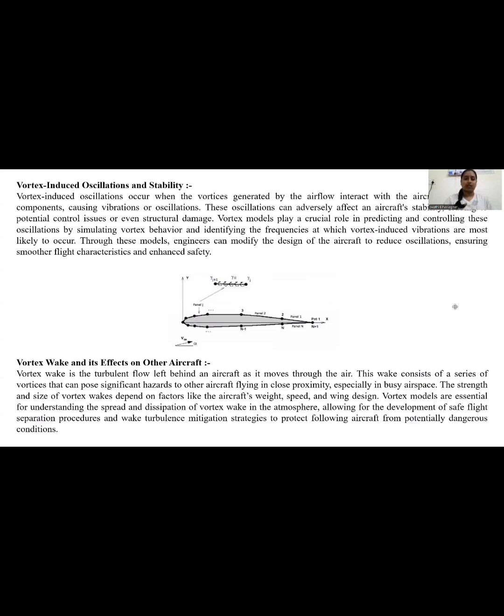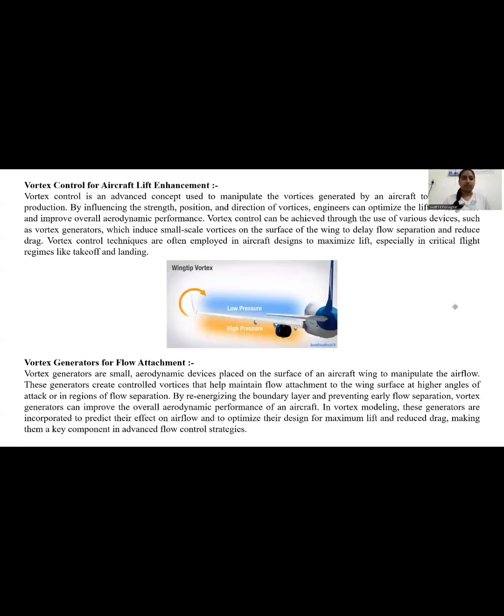The strength and size of vortex wakes depend on factors like aircraft weight, speed, and wing design. Vortex models are essential for understanding the spread and disruption of vortex wake in the atmosphere, allowing for the development of safe flight separation procedures and wake turbulence mitigation strategies to protect following aircraft from potentially dangerous conditions.